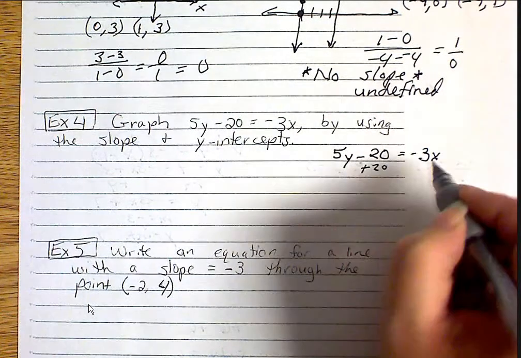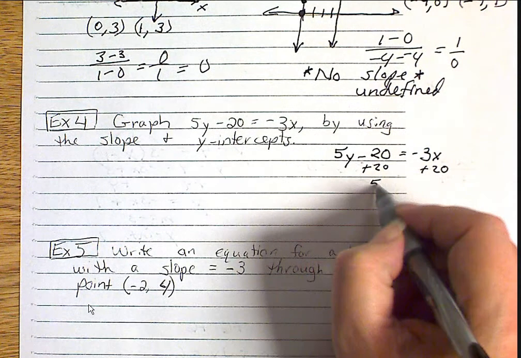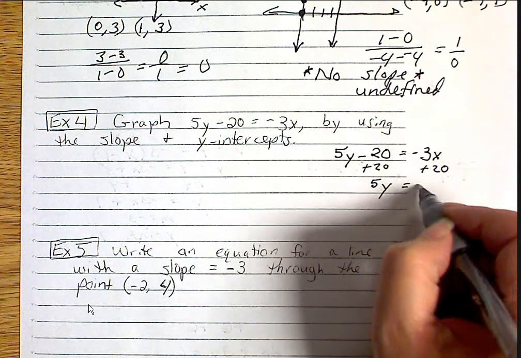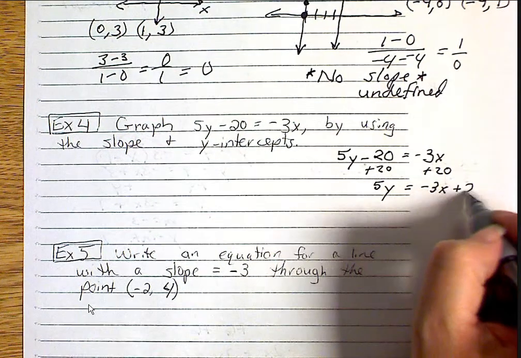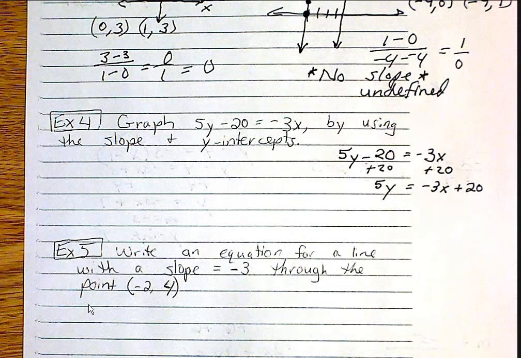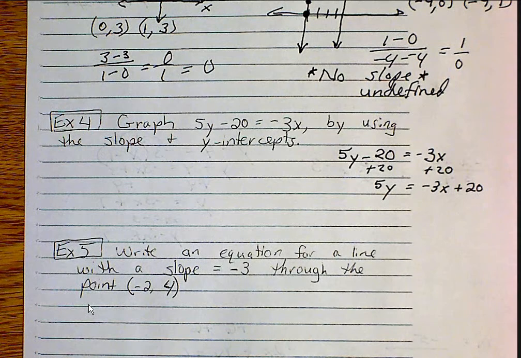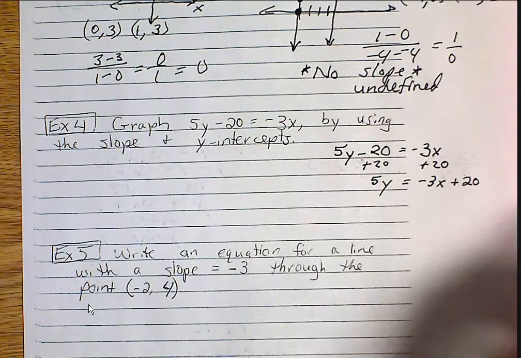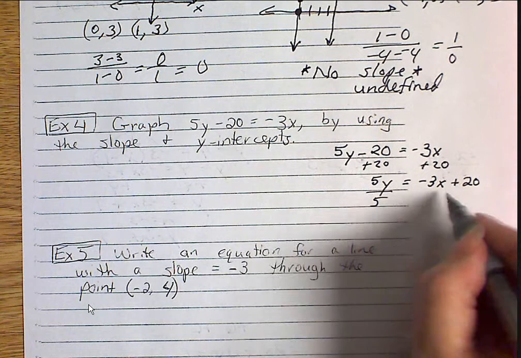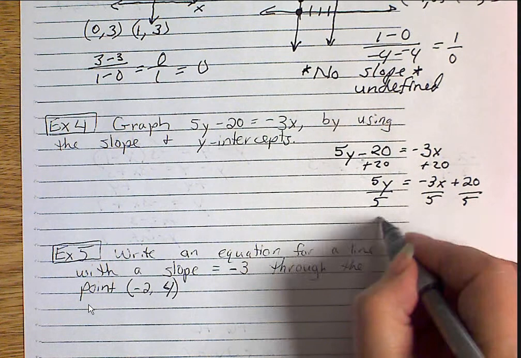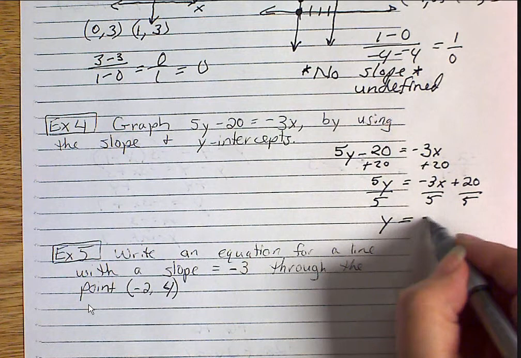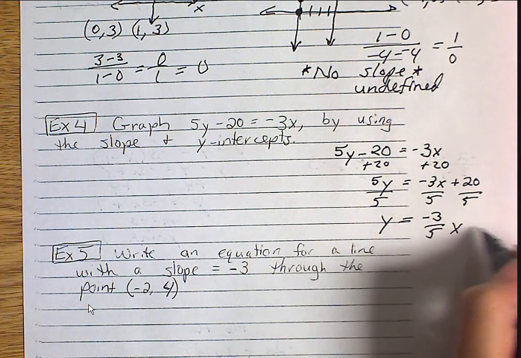So I have 5y is equal to negative 3x plus 20. And then Hannah, what am I going to do from there? Divide everything by 5. So y is equal to negative 3/5 x plus 4.